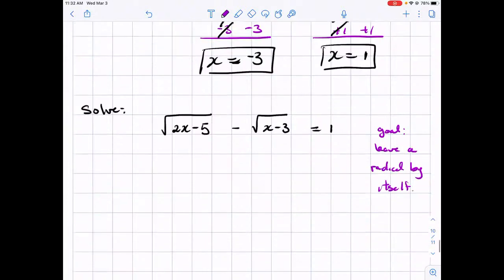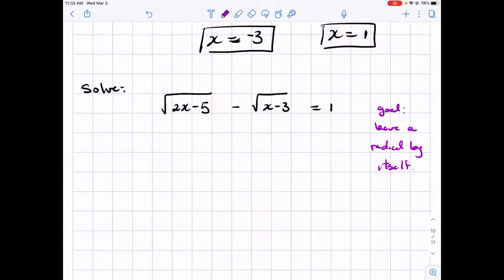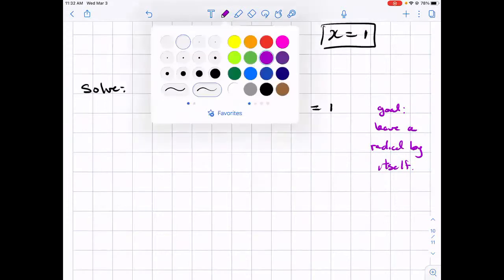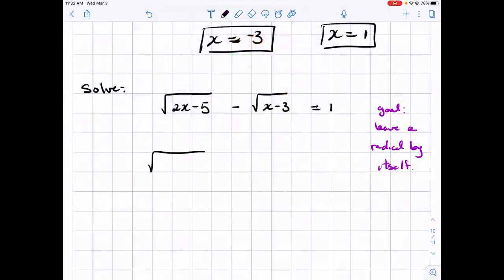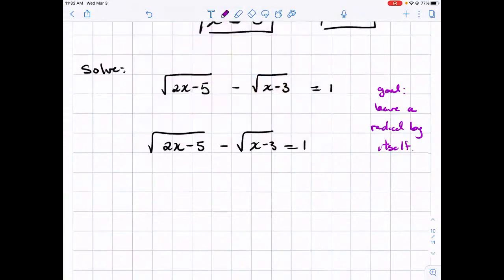Once one of them is by itself. So what I'm going to do, we can take what we have, the root of 2x minus 5 minus the root of x minus 3 equals 1. And we're going to add or subtract whatever.